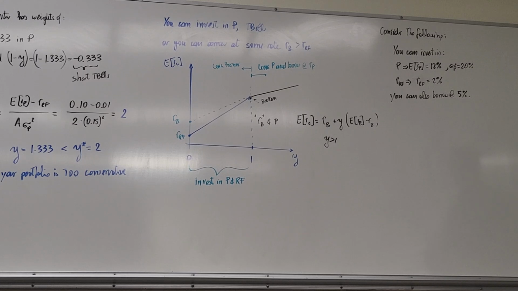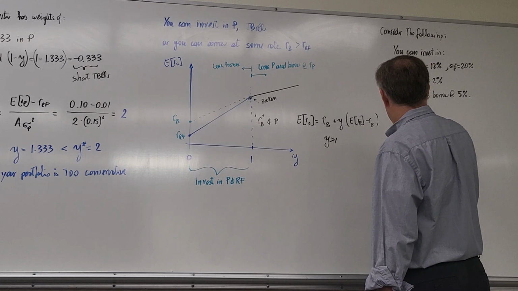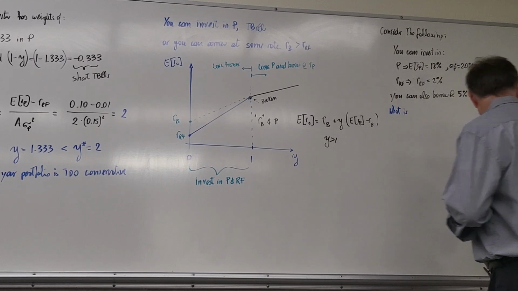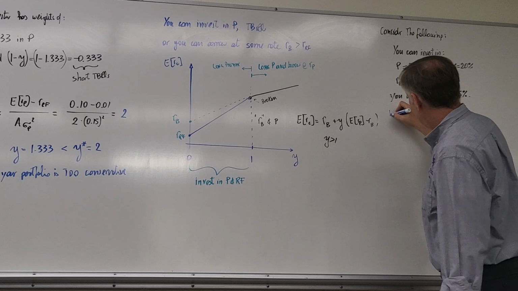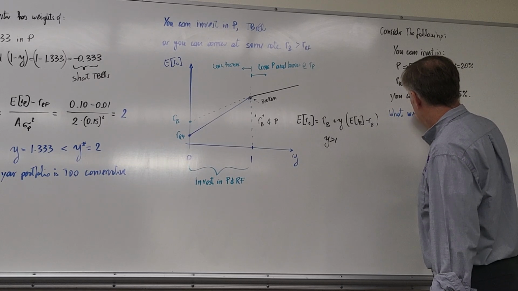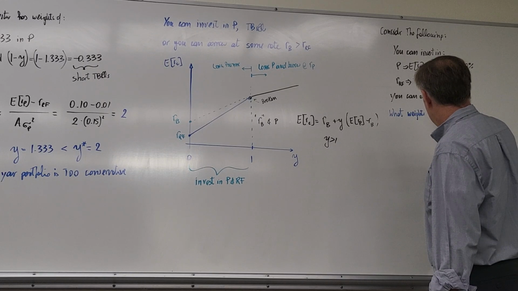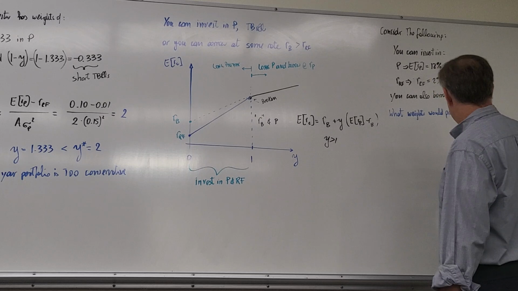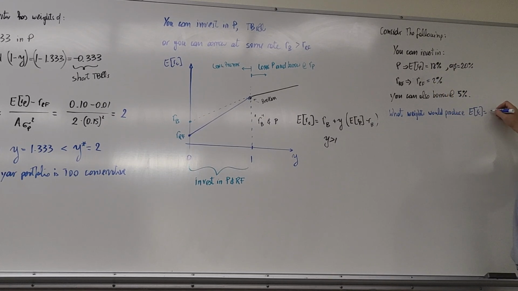And the question is, what weight would produce an expected return of C of 8%?